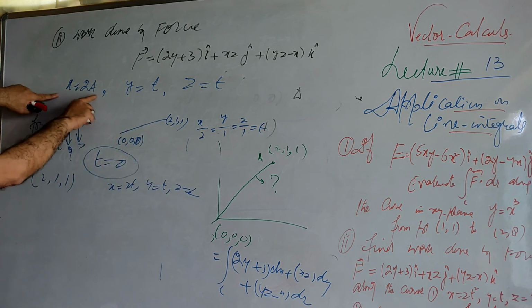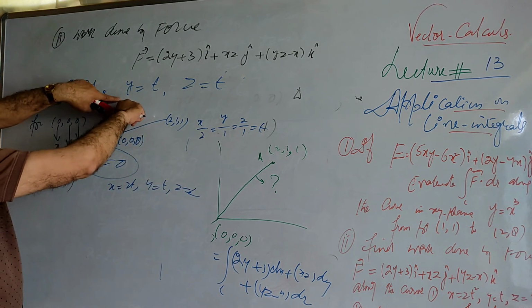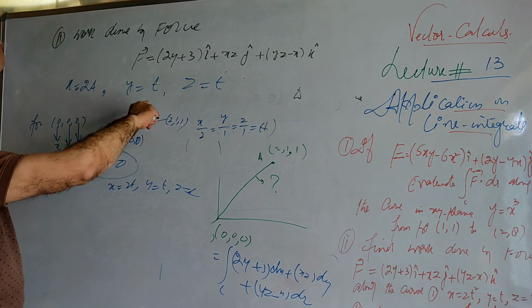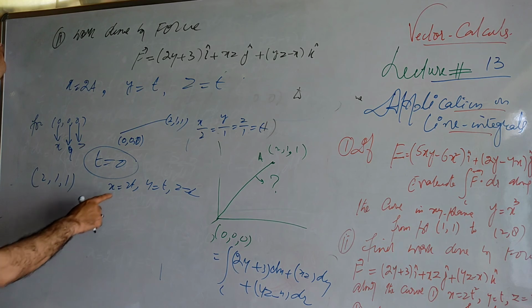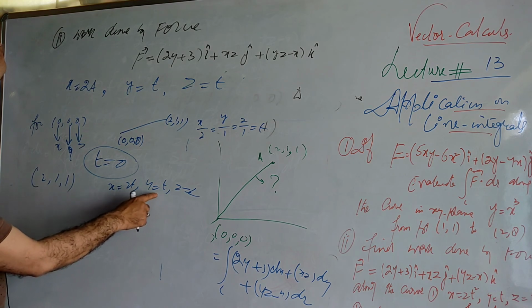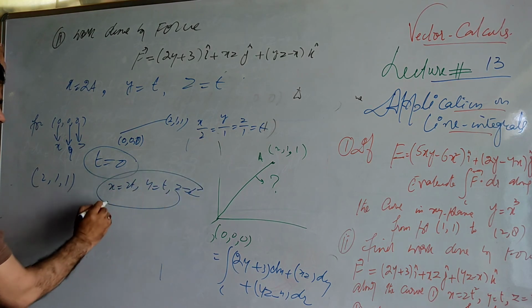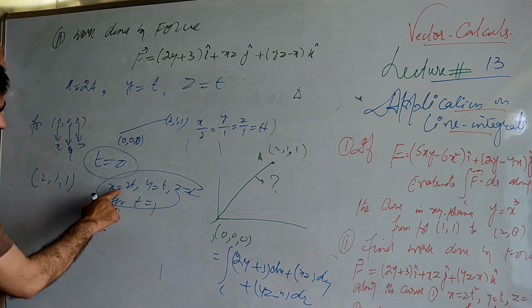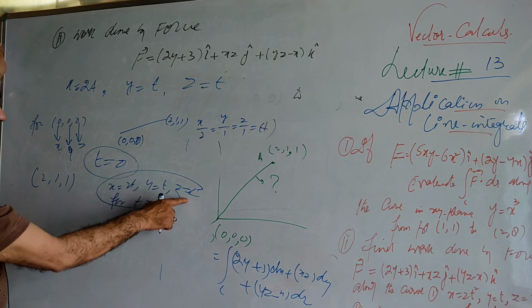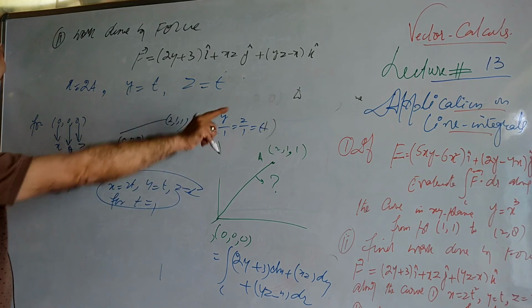This is satisfied for t is equal to 1, because when you take t is equal to 1, x is 2, y is 1, z is 1, so it is 2, 1, 1.